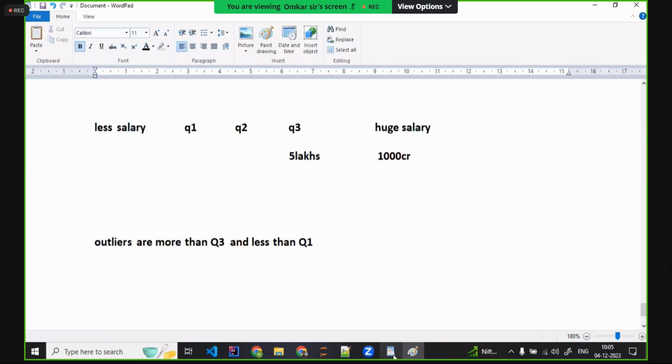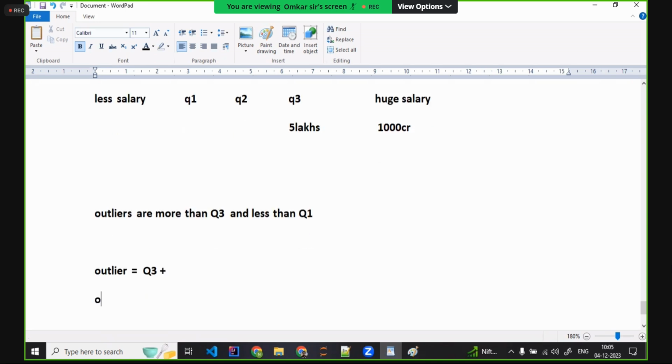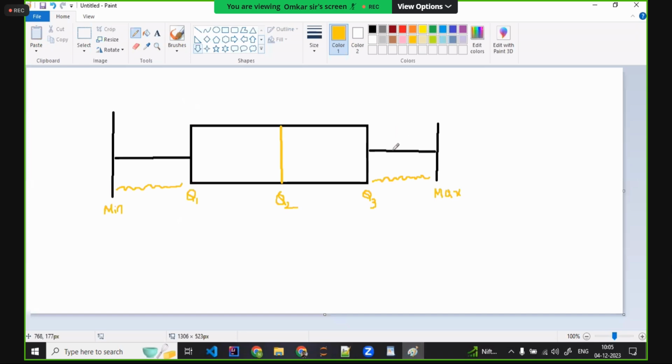So just write here: outlier equals Q3 plus, and outlier equals Q1 minus. Clear?